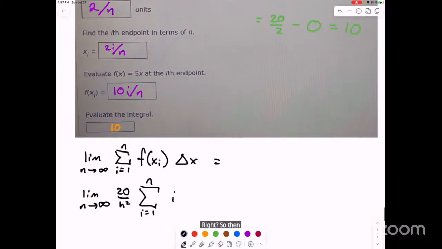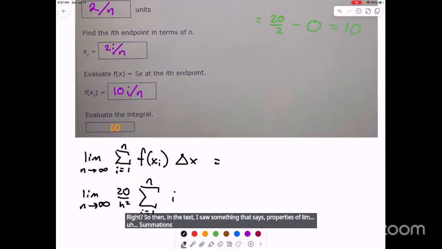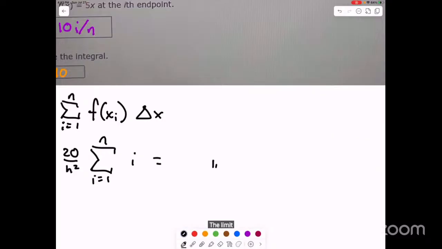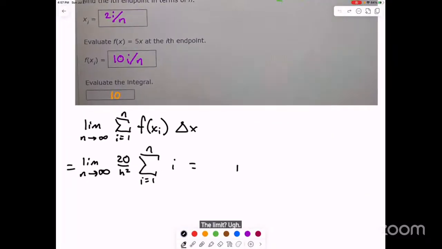So then in the text, I saw something that says properties of summations, right? If we have the sum as i goes from 1 to n of i, then this is going to be equal to the limit as n goes to infinity.